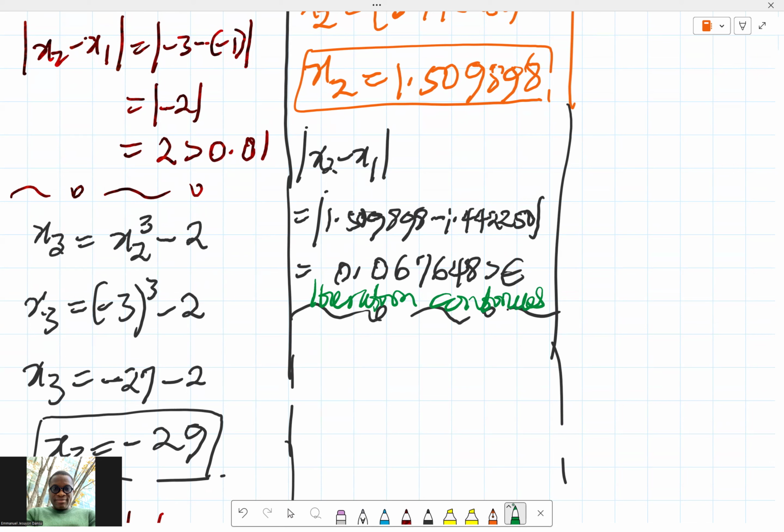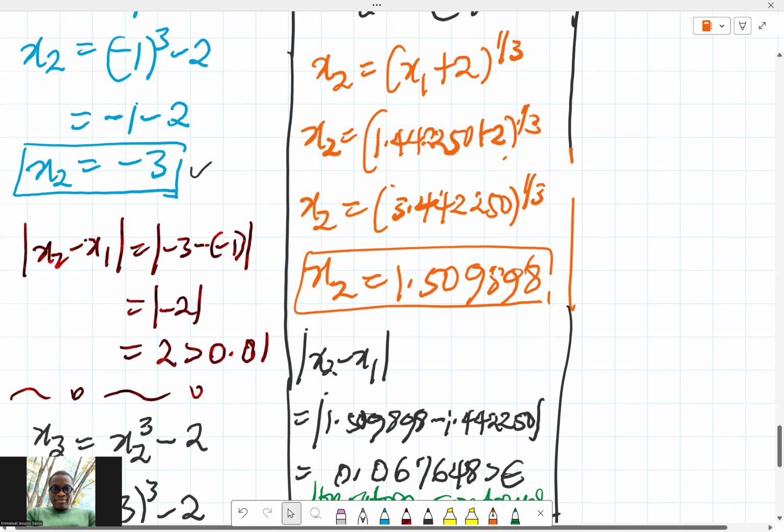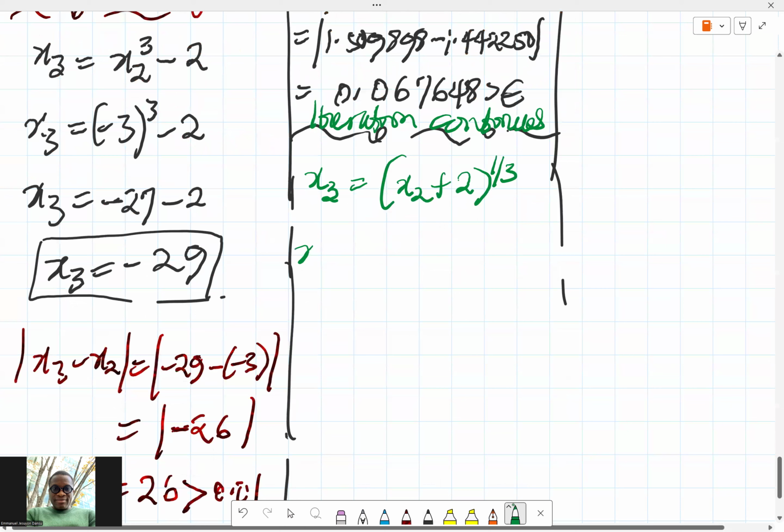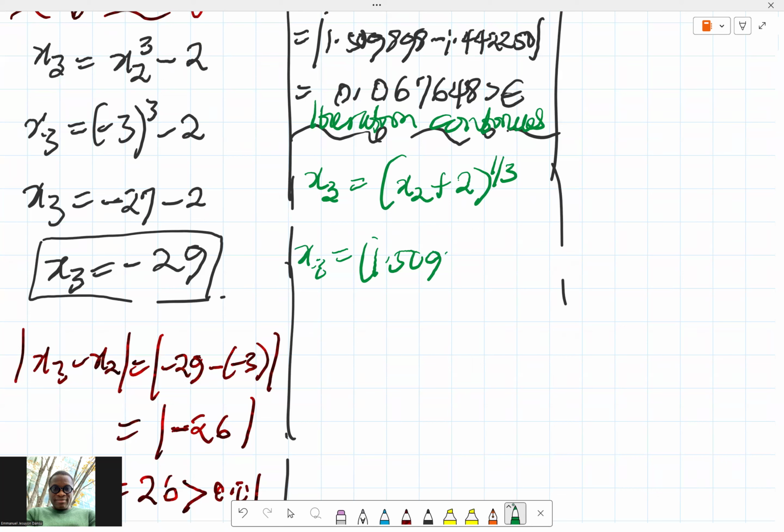So now we can go for x3. x3 is equal to x2 plus 2, raised to power 1 over 3. So x3 is equal to 1.509898 plus 2, raised to power 1 over 3.